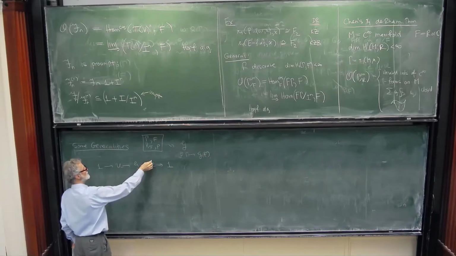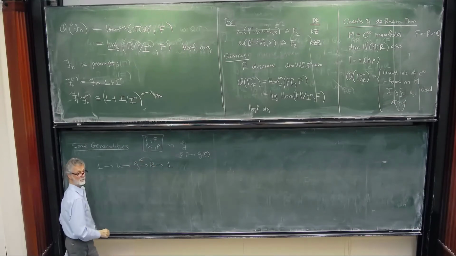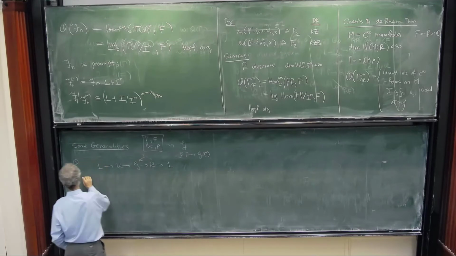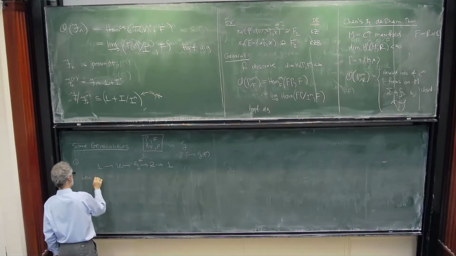So you can use Levi's theorem, the classical version, to prove that there's a splitting here. So this is split. Levi gives a splitting.